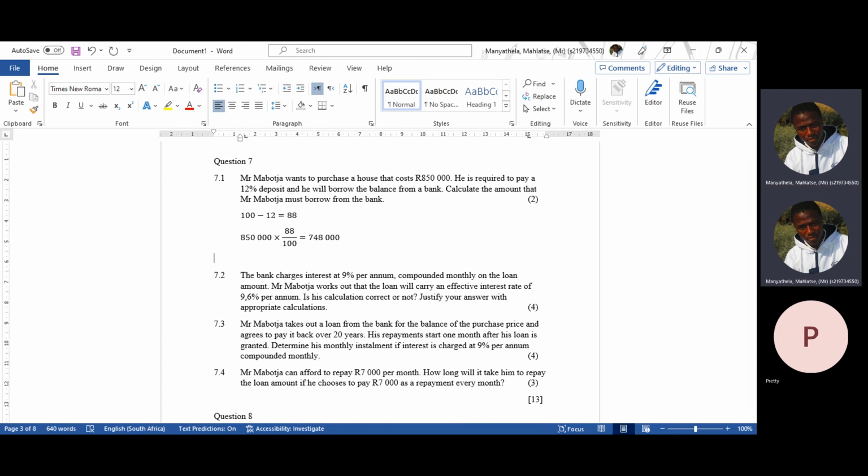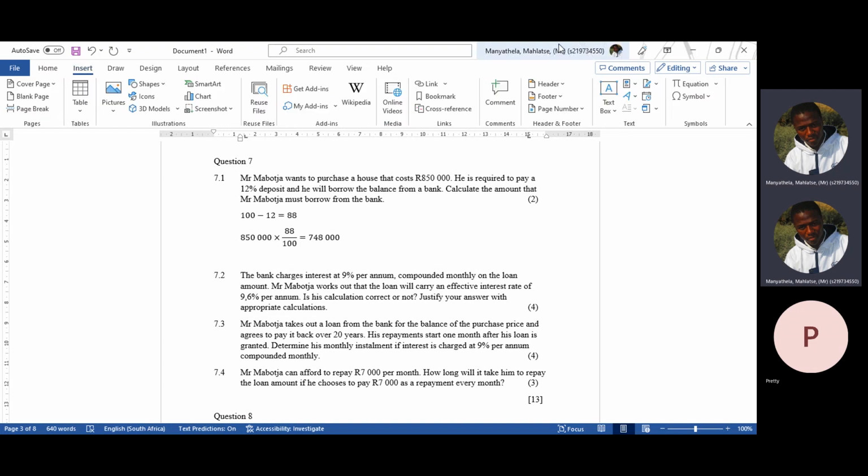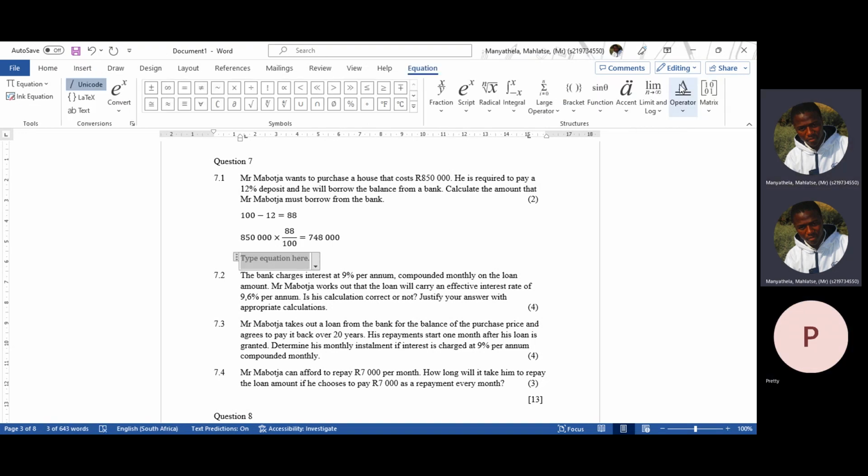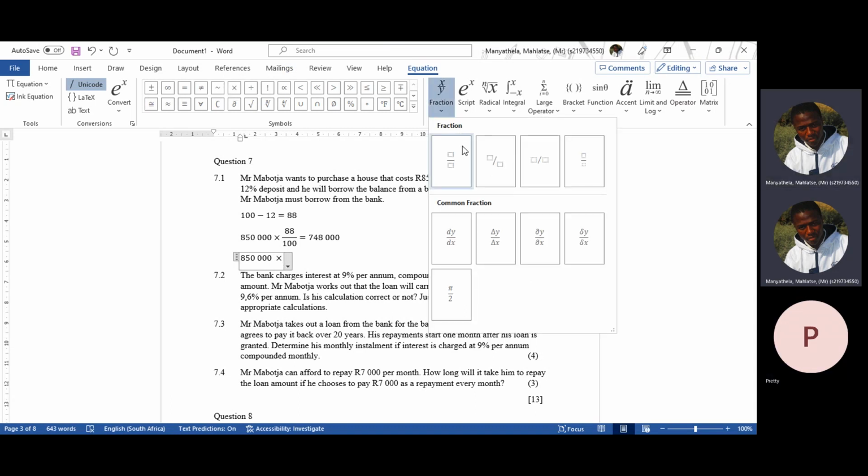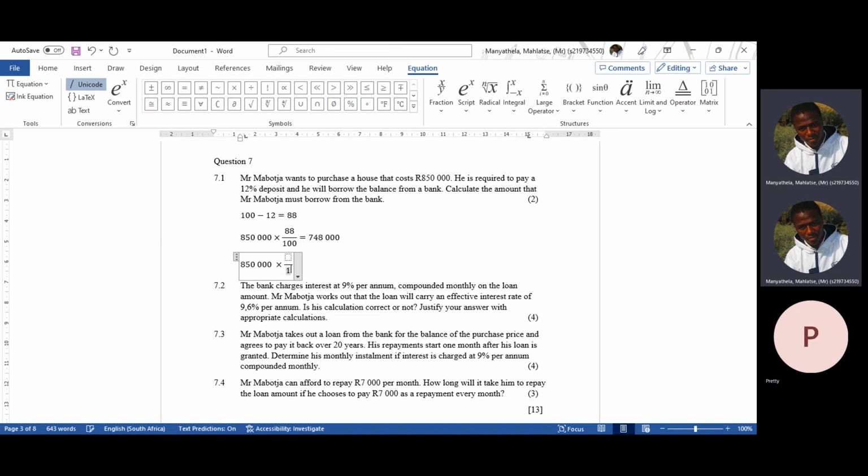Or alternatively, once you are given 12%, you can say 850,000 multiplied by 12 over 100. So which equals to?